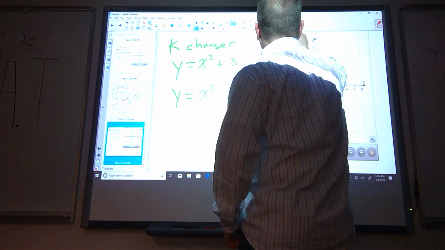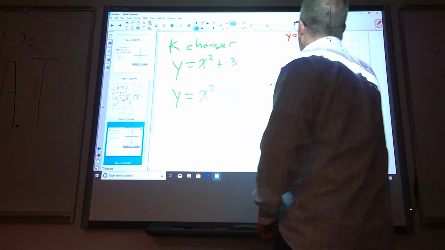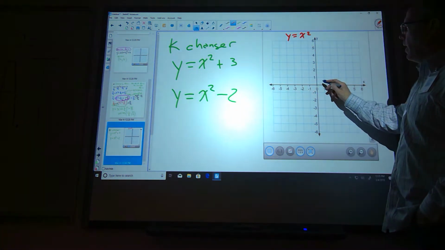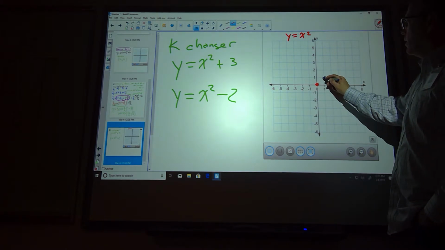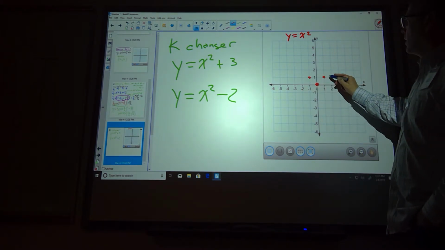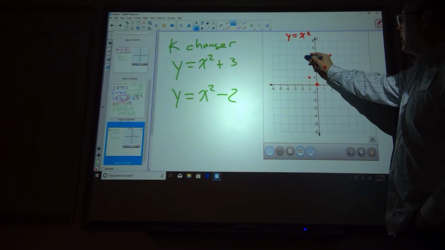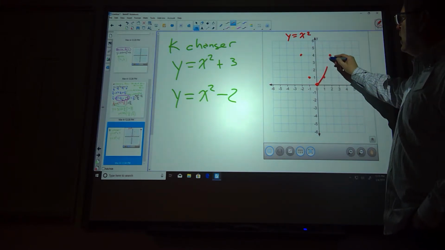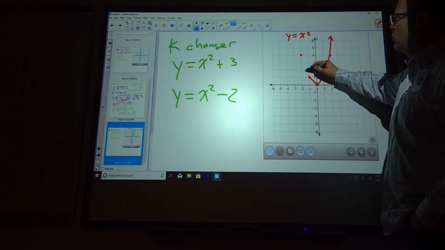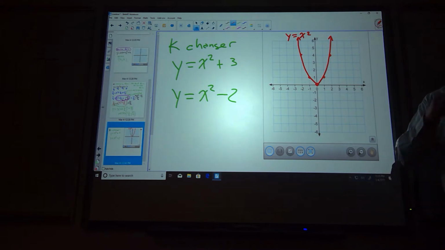So in red, I'm going to draw y equals x squared. If I plot y equals x squared, 0, 0, pattern graph this way, pattern graph this way. So this red one is our parent function. This is the most basic parabola we can have. It's known as a parent function.